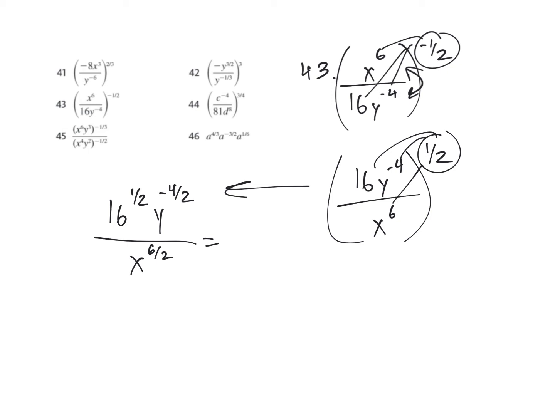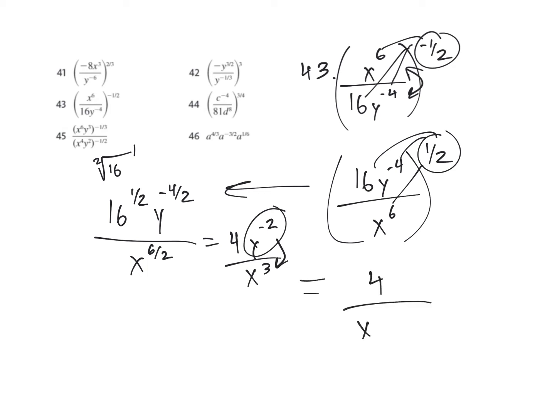The 2 is your root and the 1 is your exponent. So you have the square root of 16 to the 1st, which is just 4. Alright, so that's 4 times y to the negative 2 and x cubed. Last thing, you've got to make that positive. So it's 4 over x cubed y squared.